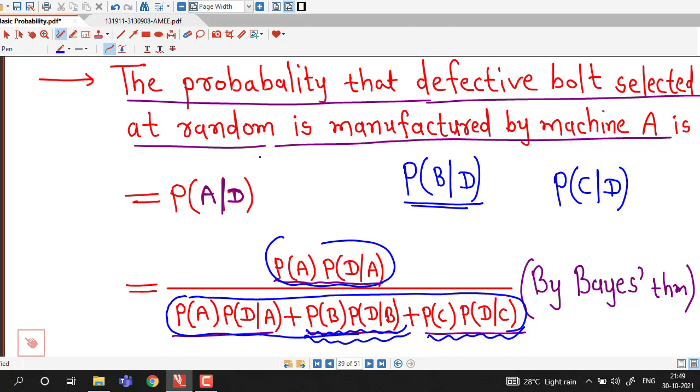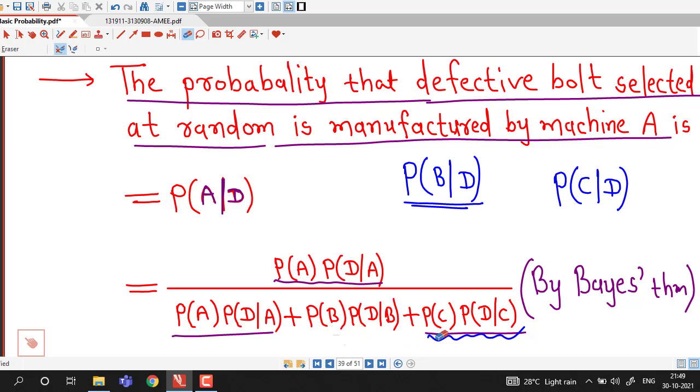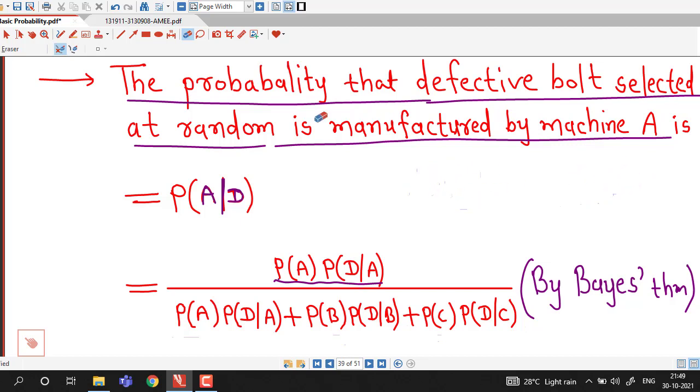In this way we will be able to find the probabilities that defective bolts were produced by machines A, B and C.